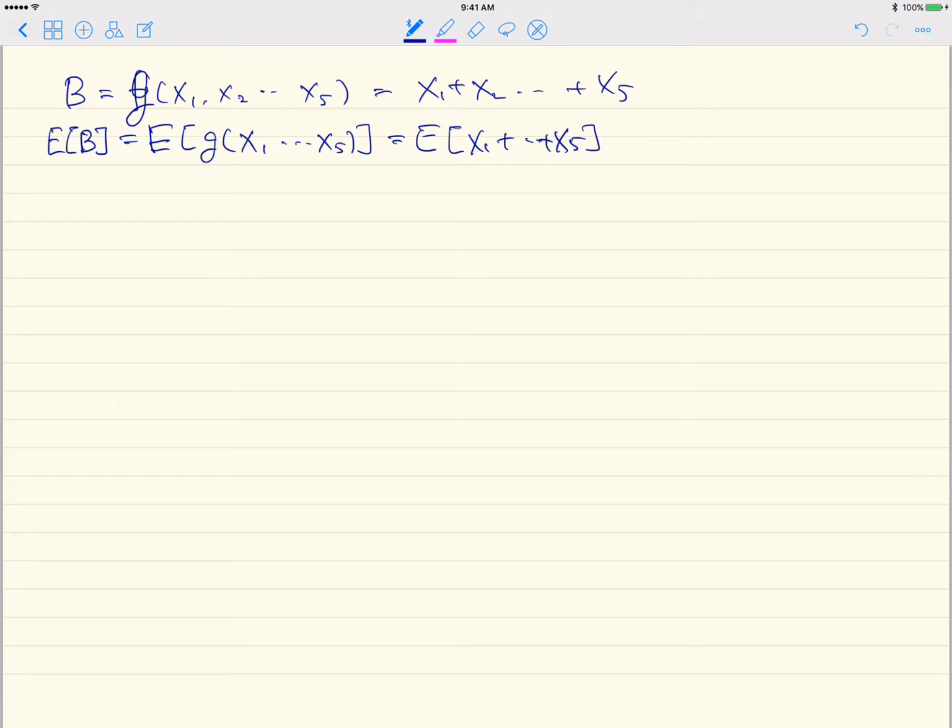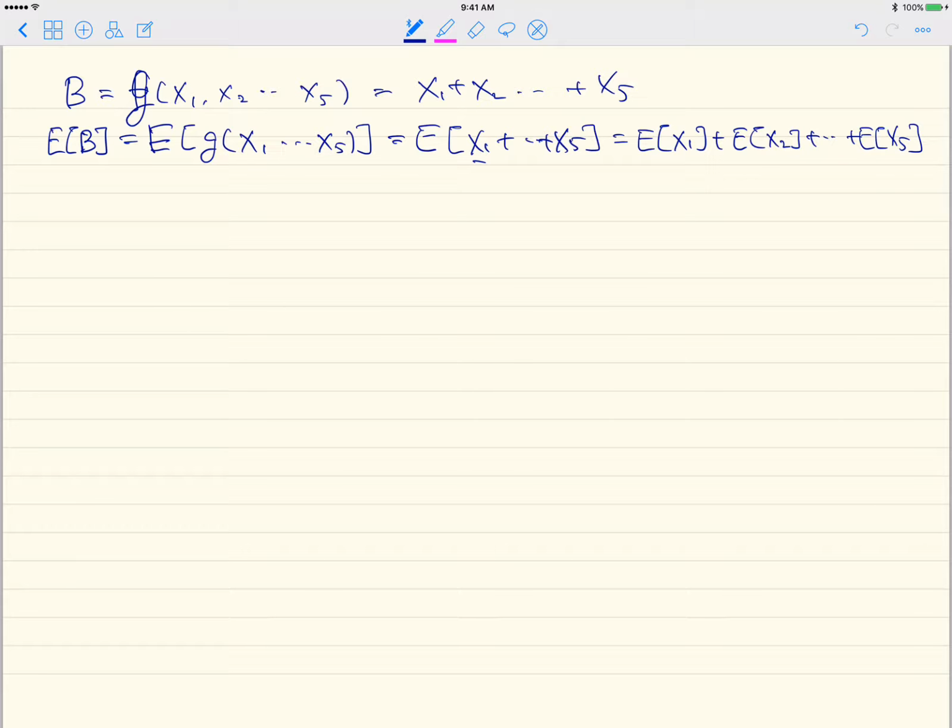And then since they are a sum of those multiple random variables, whether they are statistically independent or not, we can always rewrite this into this form. So we can basically distribute this expectation operator in this form, right?